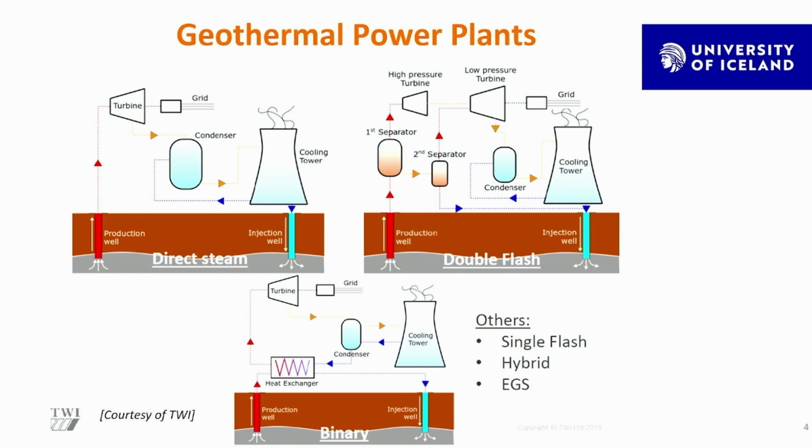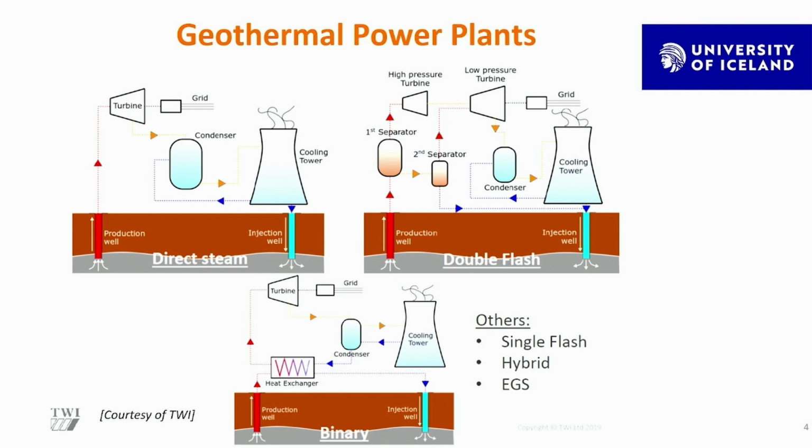The first one depicted there is the so-called direct steam power plant, where we just take the hot geothermal fluid, and that is run straight through the turbine, the steam as it is, and then produce electricity. But then we also have double flash plants, where we also have a lower pressure turbine to utilize the energy to a greater extent.